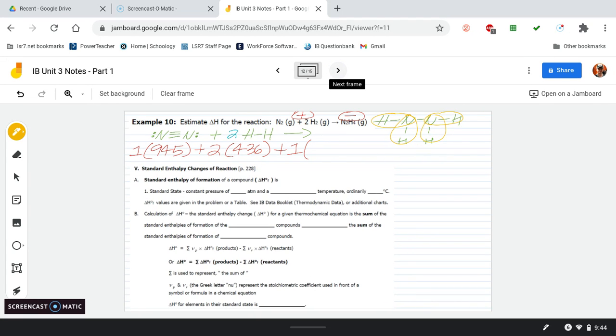Okay, but that's going to be 391 times 3, because there's 3 of them. And then we're going to add that to the nitrogen-nitrogen bond. So that's going to be 1 times whatever that is. Now, there's only one of those. See, there's only one of those. So we only need it once. But we got to find it.